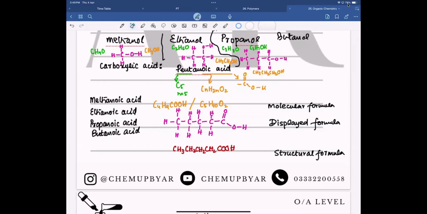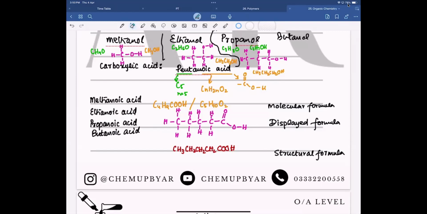Why did you put two hydrogens? First, you have to make the functional group visible. What is the functional group? How many hydrogens are there? One. You already put one. It would be the same like this one.